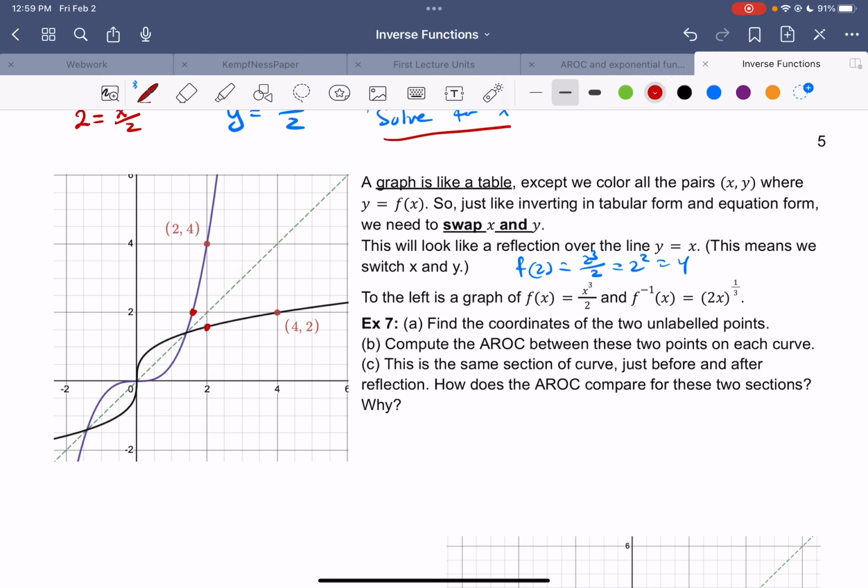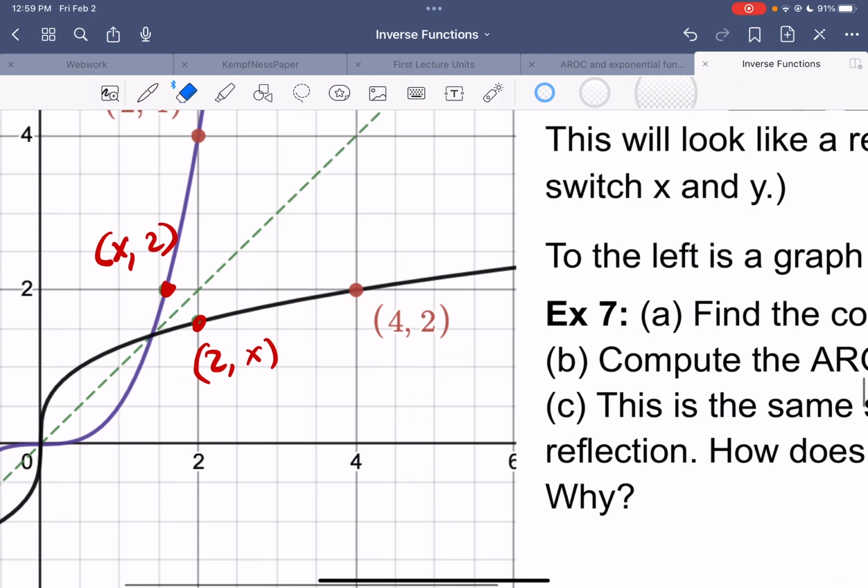Swapping x and y would put this point over here. This is something comma 2, and now it's 2 comma something. Maybe I should use a question mark instead of an x value, because this question mark represents a number, but we're so used to x referring to the number on the left side of the comma that putting an x here might be a little confusing.